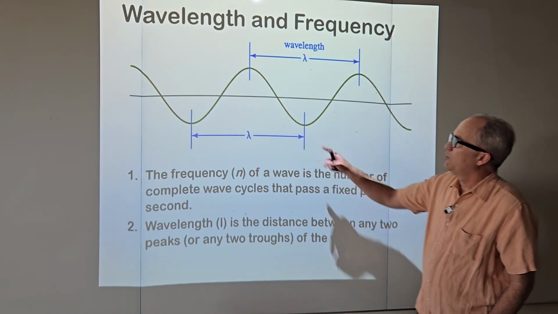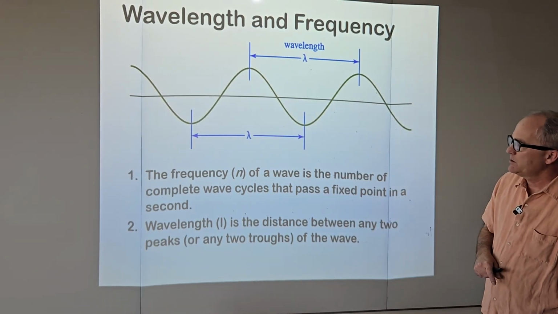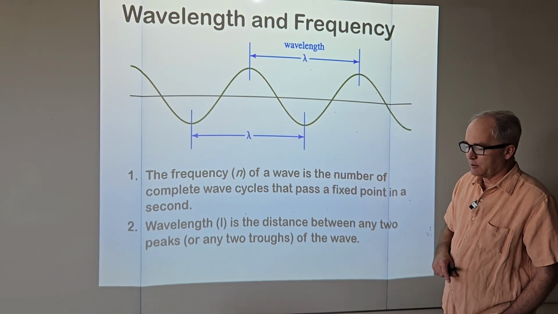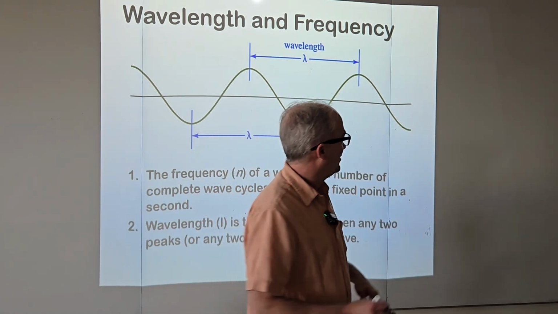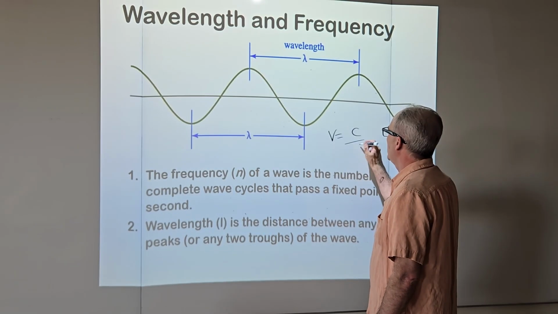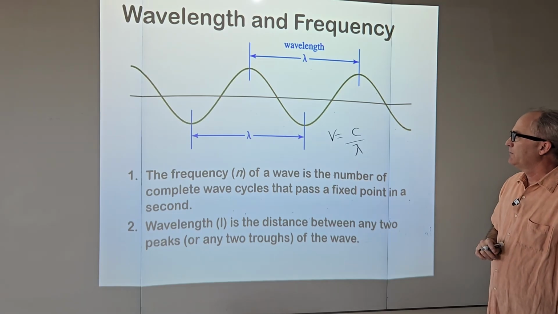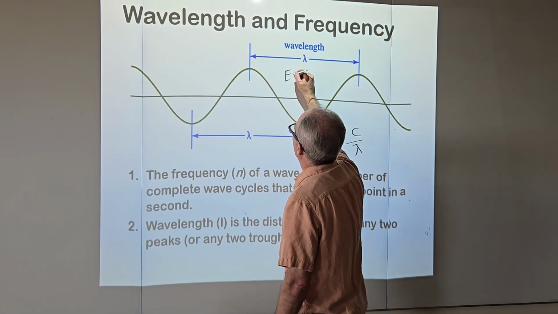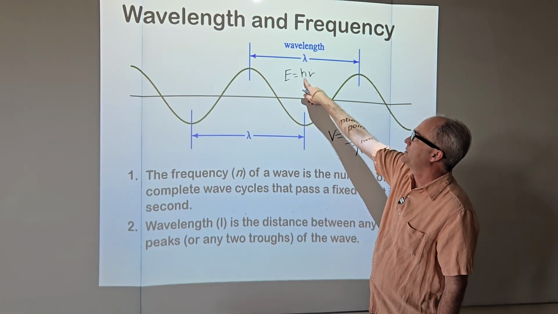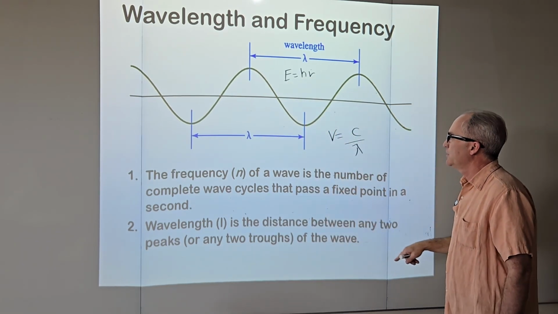So here is a wavelength, and frequency is related to wavelength. Frequency ought to be equal to the speed of light divided by wavelength, because from general chemistry, the energy of a photon is equal to Planck's constant times the frequency.